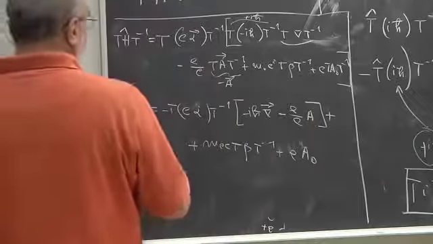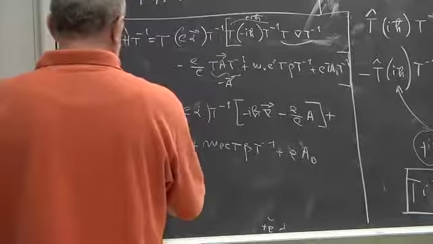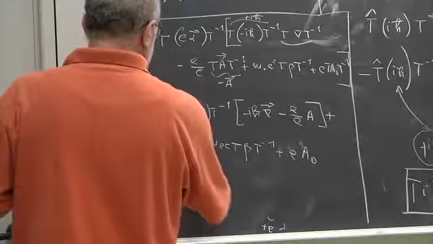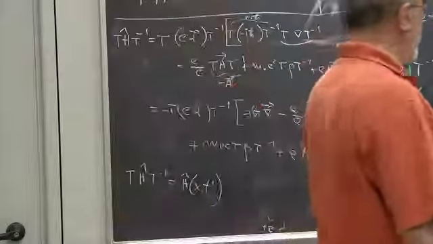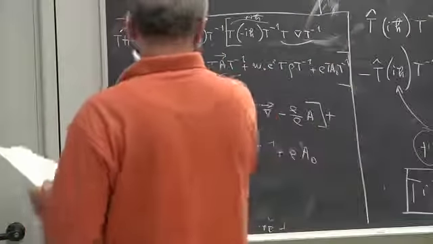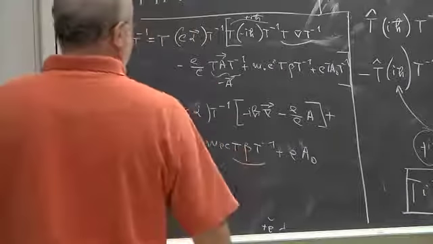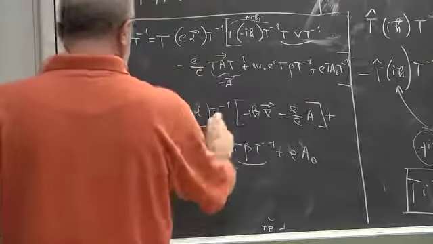Now you see, I want that this T H T to the minus 1 is equal H at T prime. I want that it maintain the same form, otherwise it's not covariant. Then the only solution happens only if you pay attention, look at the form that the Hamiltonian has, and look at this.